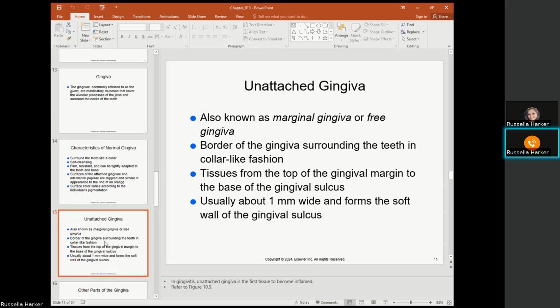So that's where you can put your floss in and clean out any debris, inside of the gingival sulcus. Or if they were going to do a periodontal charting, that is where they put the periodontal probe inside of the gingival sulcus to read the measurements. It's usually about 1 millimeter wide and it forms the soft wall of the gingival sulcus. That is the unattached gingiva. That is the first tissue to become inflamed when you have gingivitis.